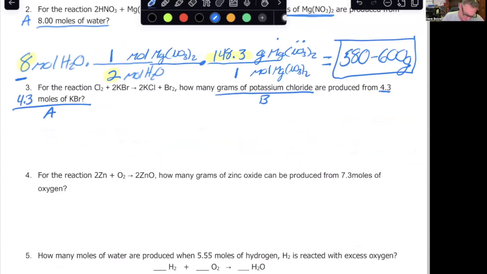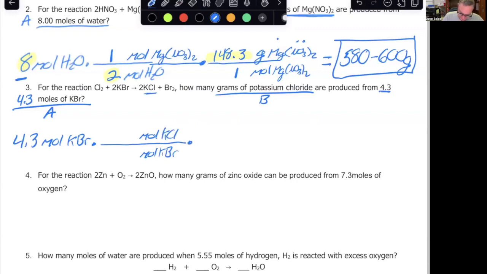So let's start with what we know. Let's start with 4.3 moles of KBr, and then convert, bring my unit down as always to moles of my B, which is potassium chloride, which is right here, which is KCl.